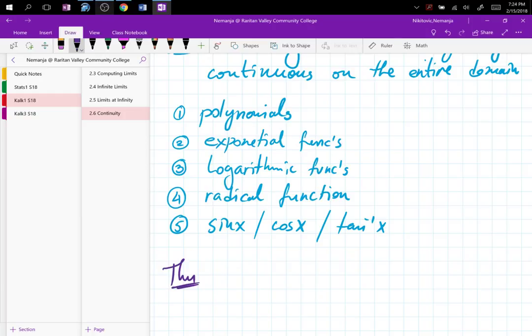The next theorem states that all combinations of continuous functions are continuous, including function composition.